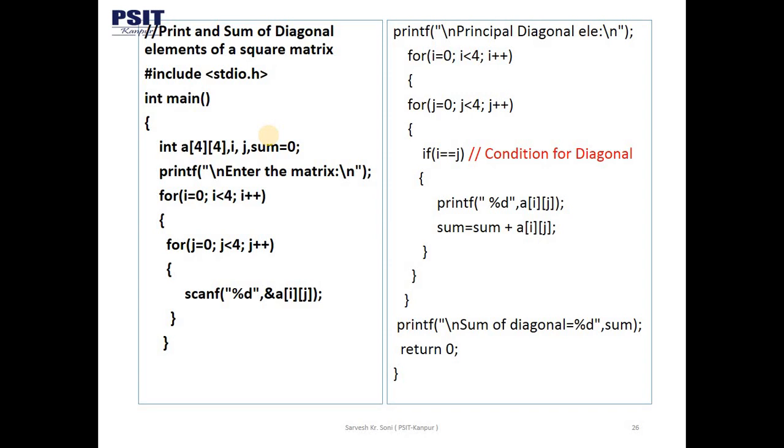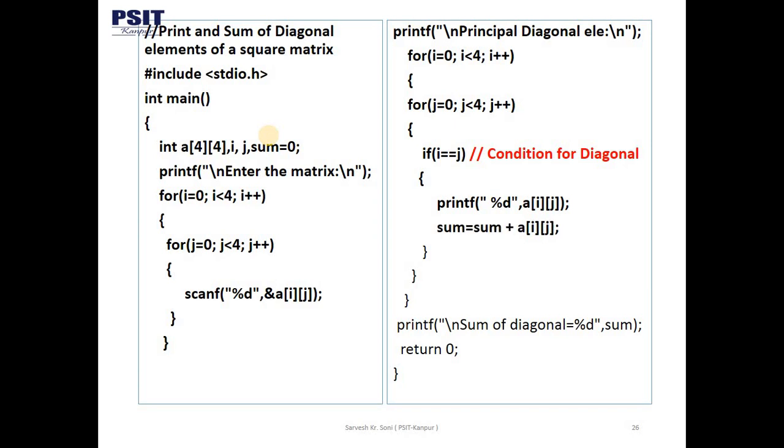Now after this, the principal diagonal elements can be added by using the same process. We have to change the row index and the column index as well, and put a condition. This is the main condition of a diagonal element: i equal to j. When this condition is met, we print the element at that index and add it to some variable.